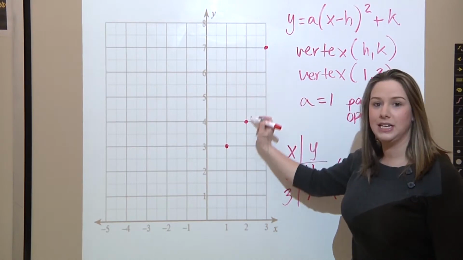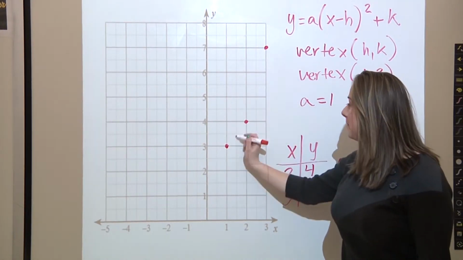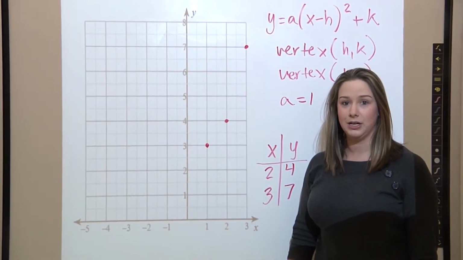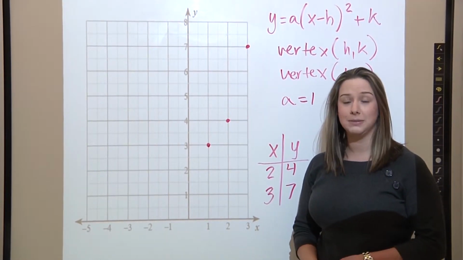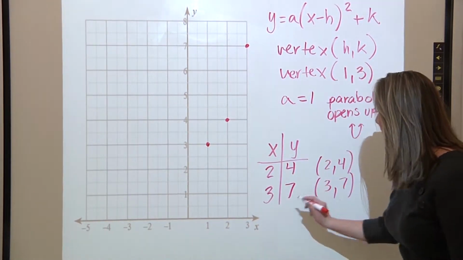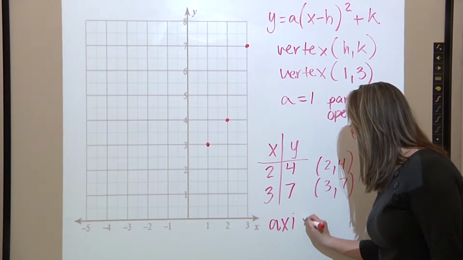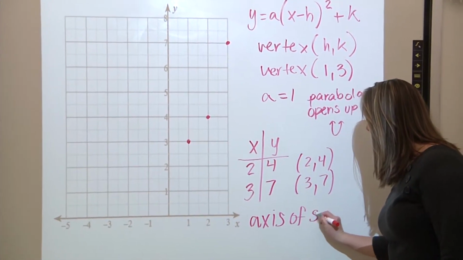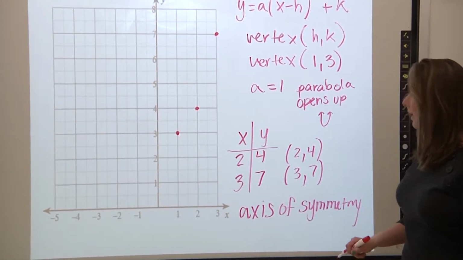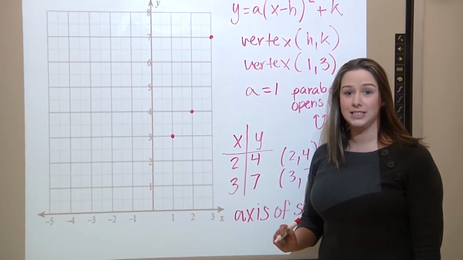Right now, as you can see, I have half of my parabola. Something interesting about parabolas is they are symmetric. They are symmetric about the x point of the vertex. So we're going to identify the axis of symmetry. The axis of symmetry is always x equals h.